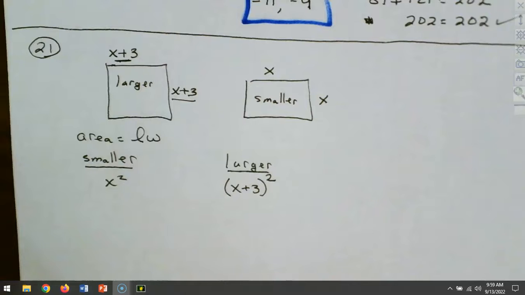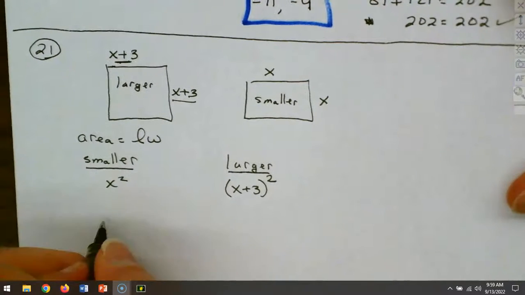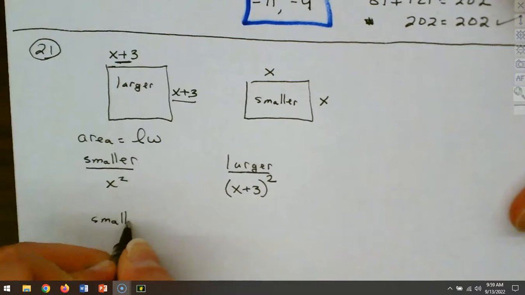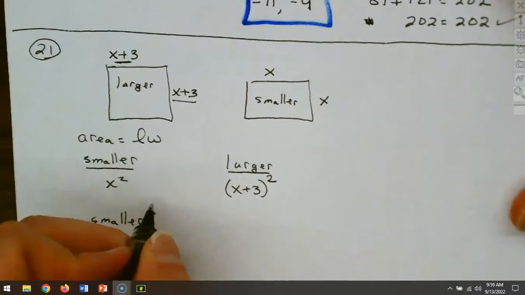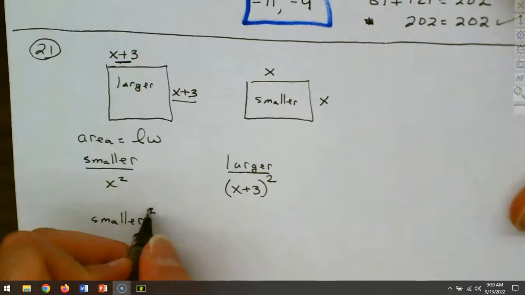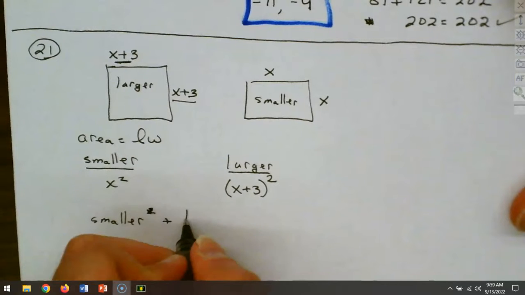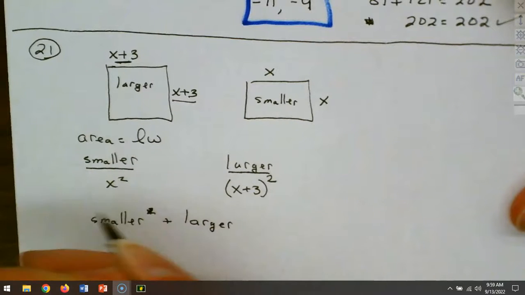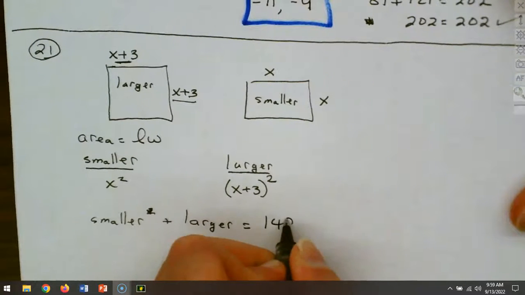Now, what are we going to do? We are looking at these areas, and we are looking at the sum, and that sum is going to give you 149. So we have the smaller area, it's not squared, it's just the smaller area because it's already squared, plus the larger area is equal to 149.